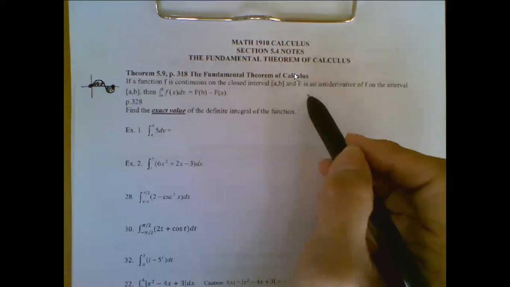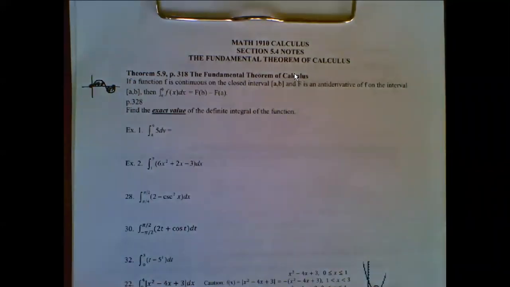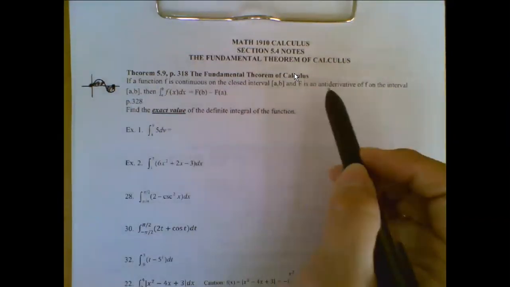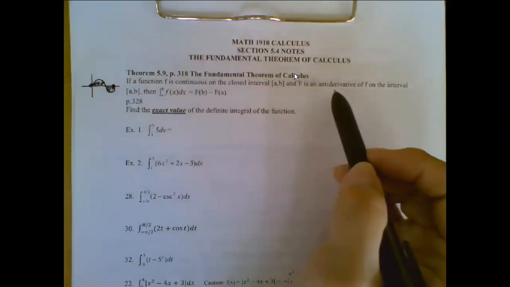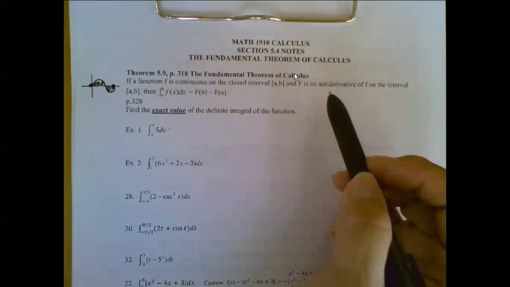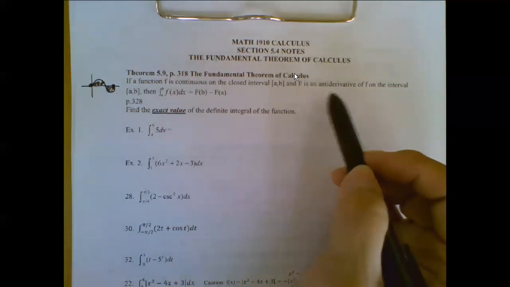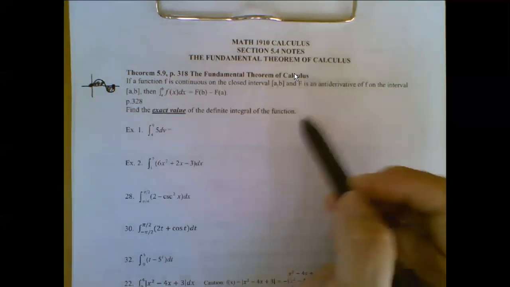The antiderivative for 3x squared was x cubed plus a constant, and that constant could have been anything. So if F is one of the antiderivatives, and all the antiderivatives only differ by a constant, plus 7 or minus 6 or plus pi wouldn't affect the value.